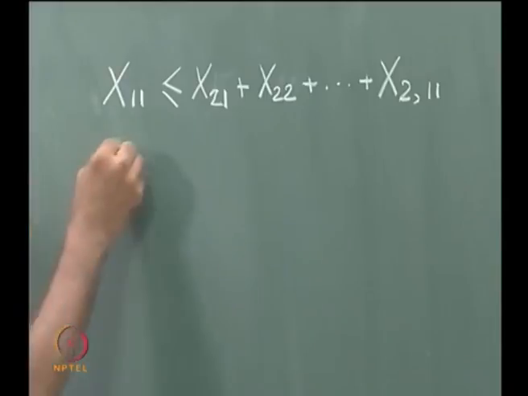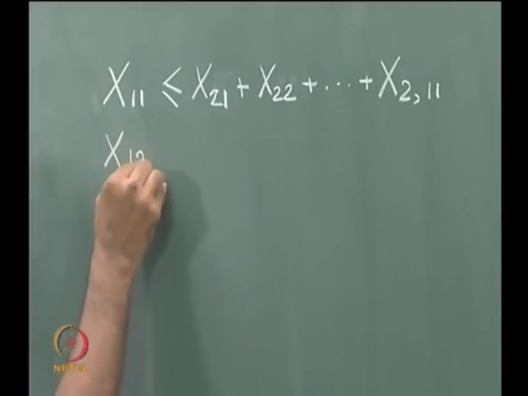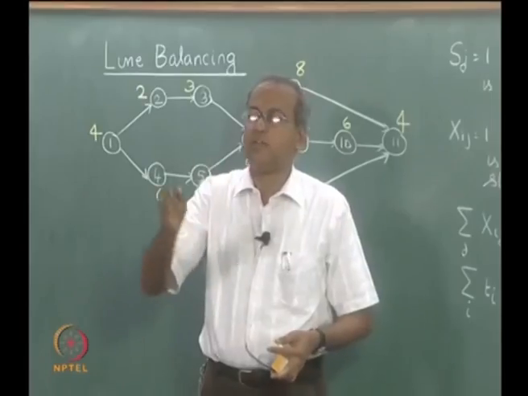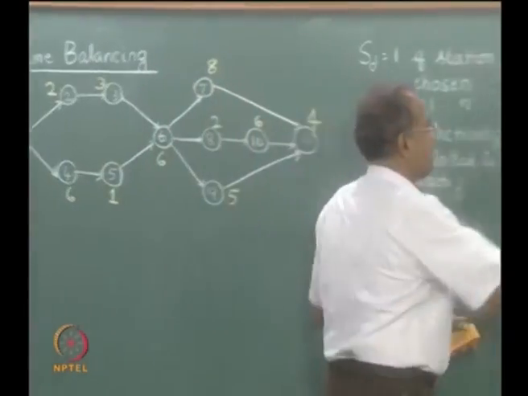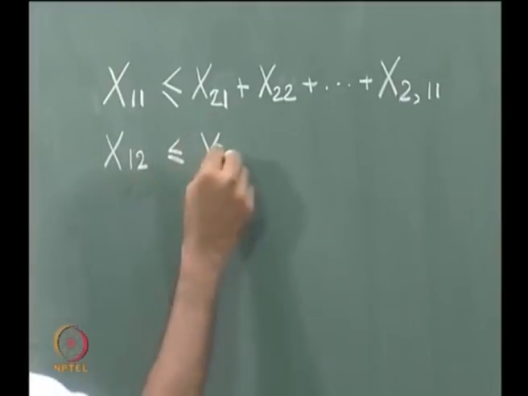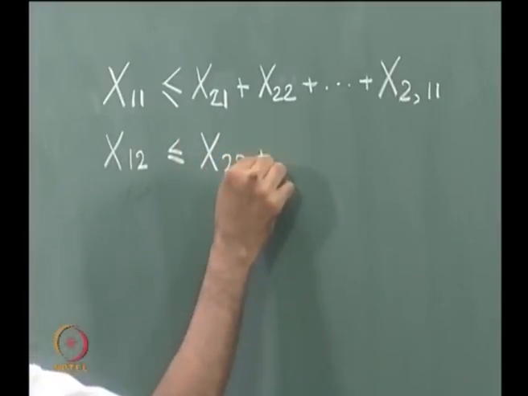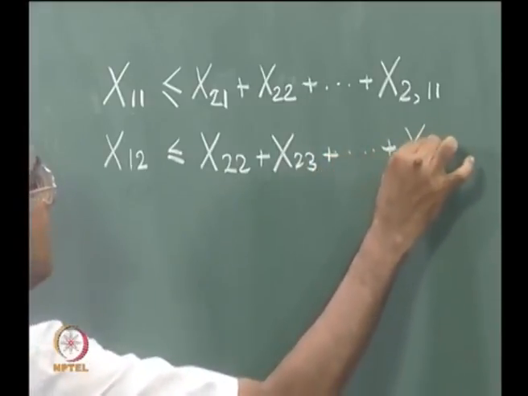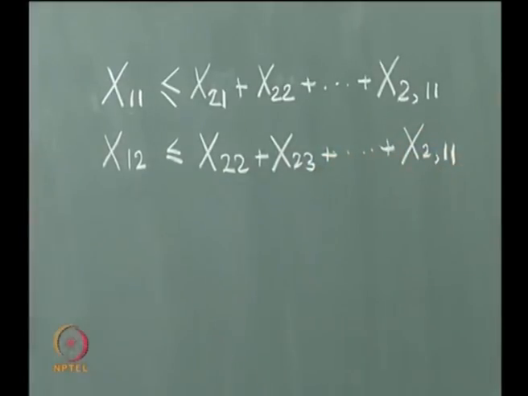But if for example activity 1 is allotted to workstation 2, then activity 2 should not be allotted to workstation 1, it can be allotted to 2, 3, 4 etc. till 11. So this will be modeled as x12 less than or equal to x22 plus x23 plus etc. plus x211.